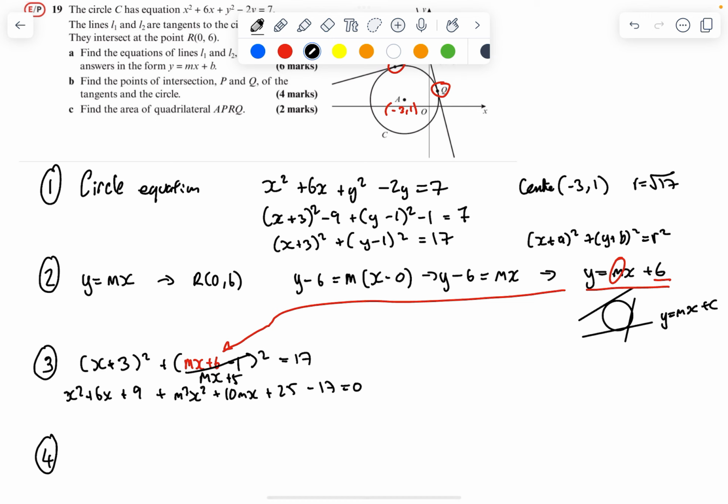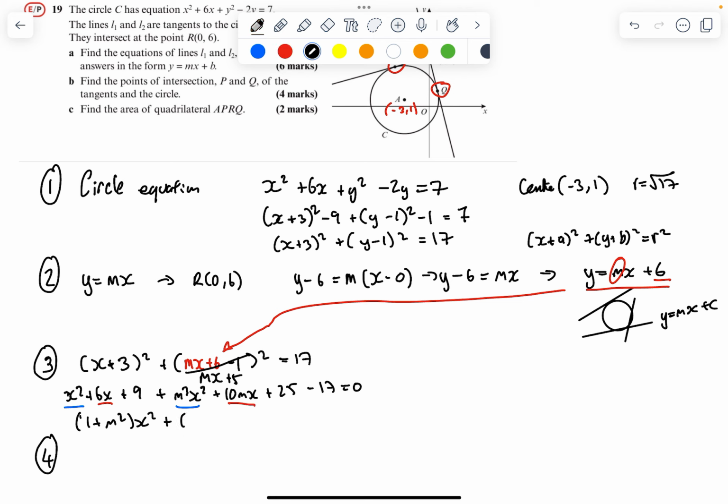Okay, so now what have I got? I have got x squared here, and then I've got m squared times x squared. So that means that I've got 1 plus m squared times x squared. And then I've got 6x, and I've got 10mx.